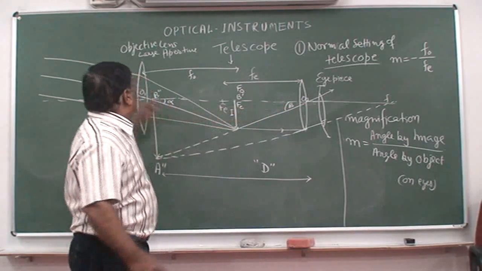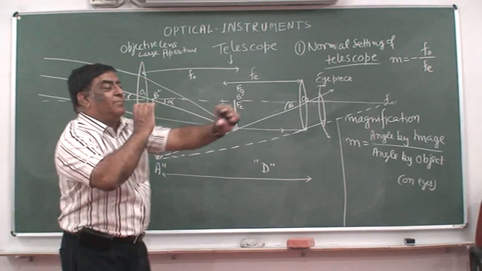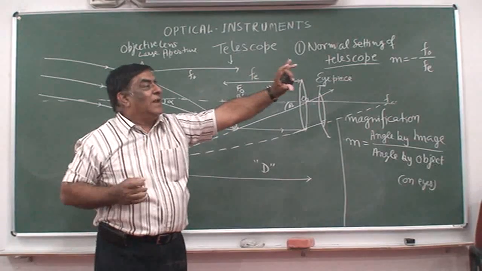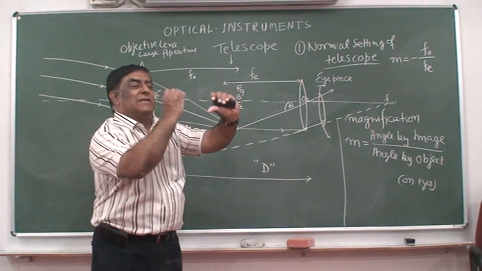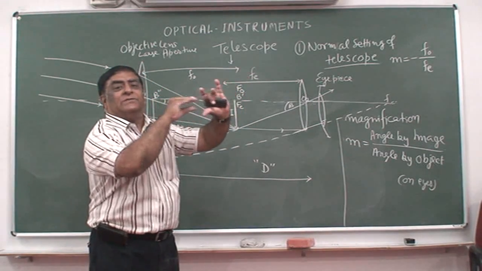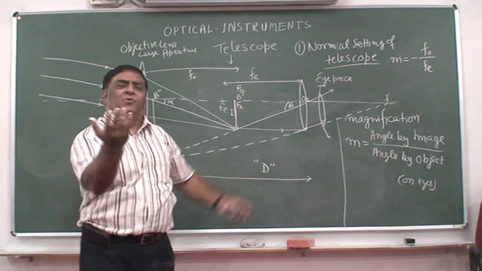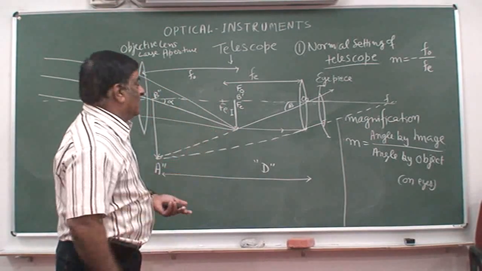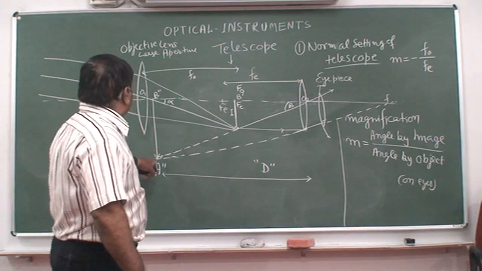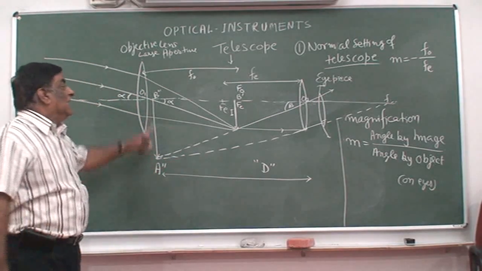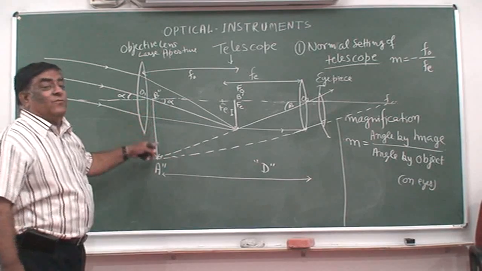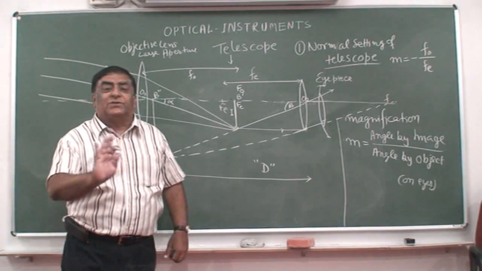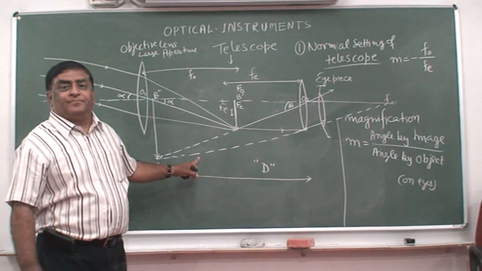For this motion, we fit one lens in one pipe and the other lens in another pipe, and one pipe can go inside the other pipe. This arrangement you have already seen. It's a very simple arrangement, we call it rack and pinion arrangement. So this image we form at distance D, and now we see it very distinctly, most clearly this way.